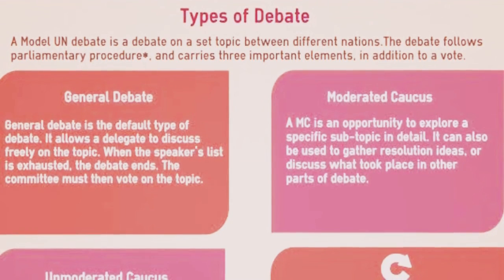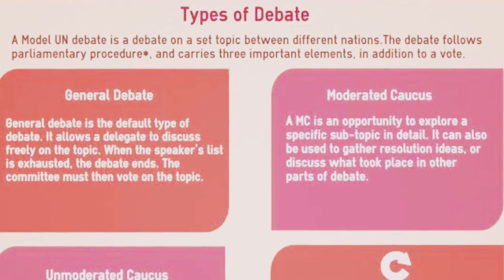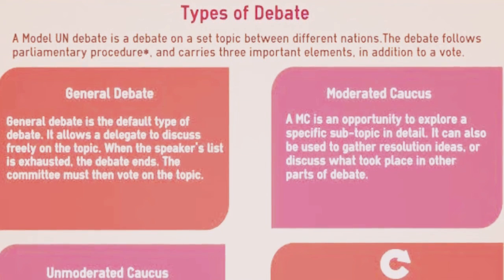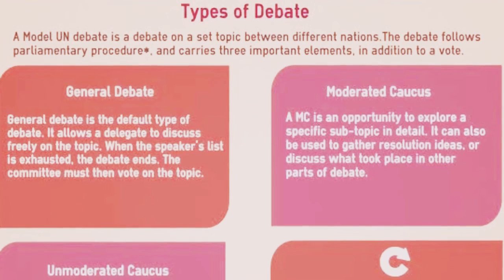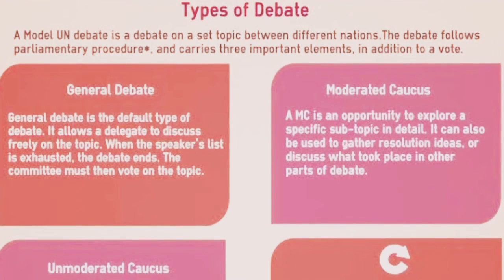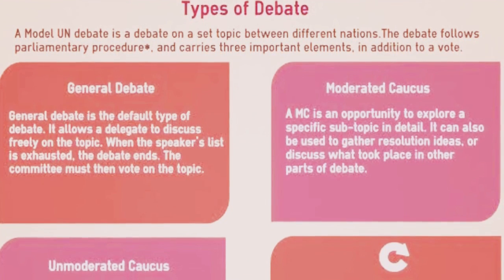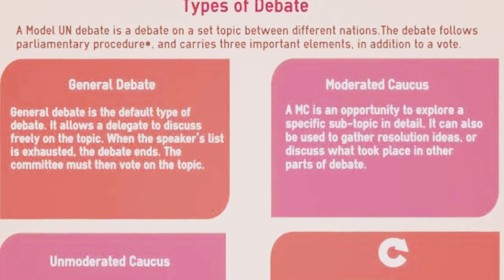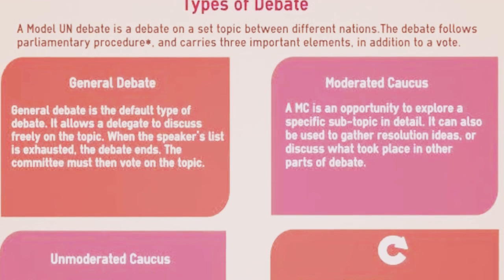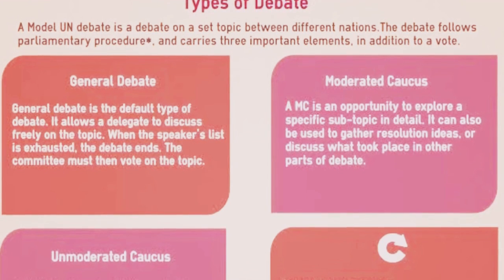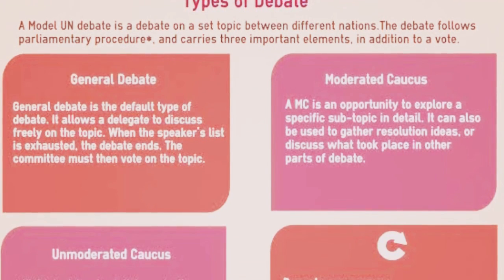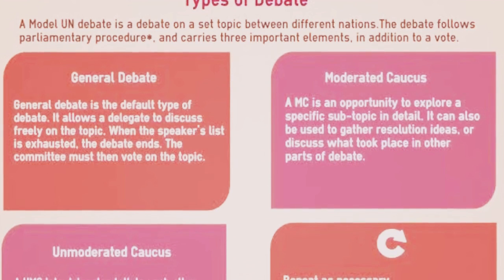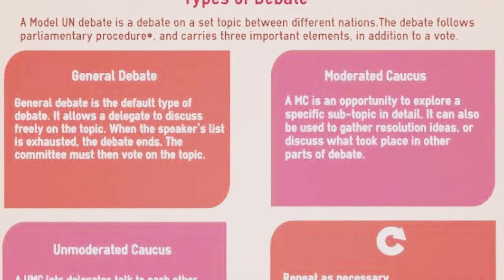And how do you raise a motion for a moderated caucus? It is quite simple. However, you just have to add something called total time. This is how you propose a motion: The delegate of United States of America would like to suspend the general speakers list and move into a moderated caucus on the topic being ABCXYZ, for total time being 20 minutes, individual speaker's time being 60 seconds.